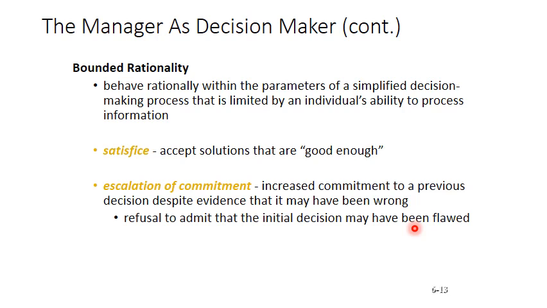That is because he or she doesn't want to prove that whatever decision he or she has taken previously was wrong and now he has changed his mind. So in order to show that his or her previous decision was also right, the person shows increased commitment to the previous decision. So we call that the manager is under the influence of escalation of commitment.